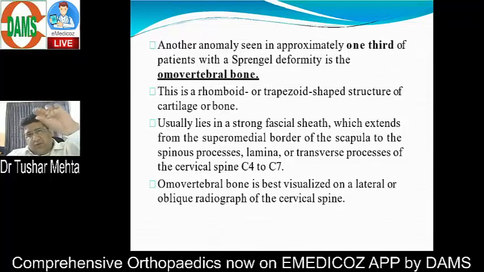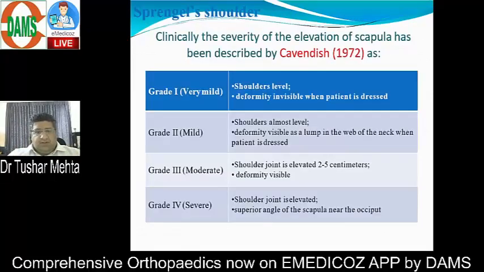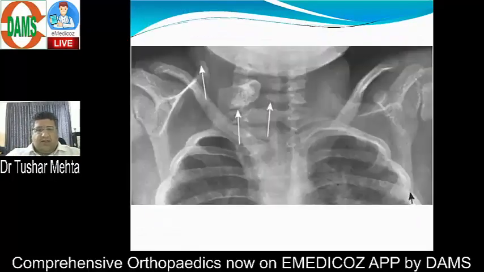So it starts from the superior border of the scapula and it goes towards the spinous process, the transverse process, or the laminae of C4 to C7. Maybe I think I should show you first. That will give you clarity. So this is your omovertebral bone.